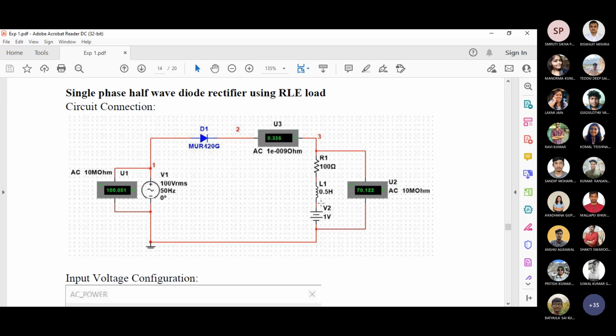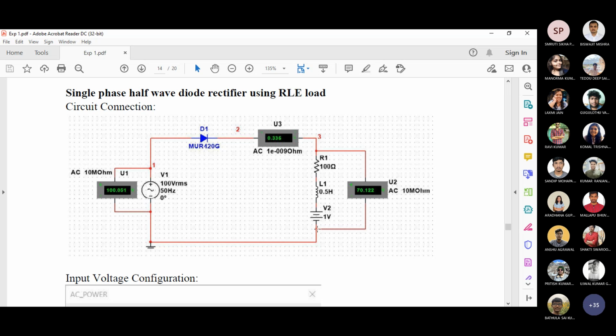For the RLE load, you first vary the E value, increase the value of E, and see what response you get. Using a digital multimeter, you can directly fetch that data. One table you need to prepare, showing what responses come by changing the E value of the RLE load.